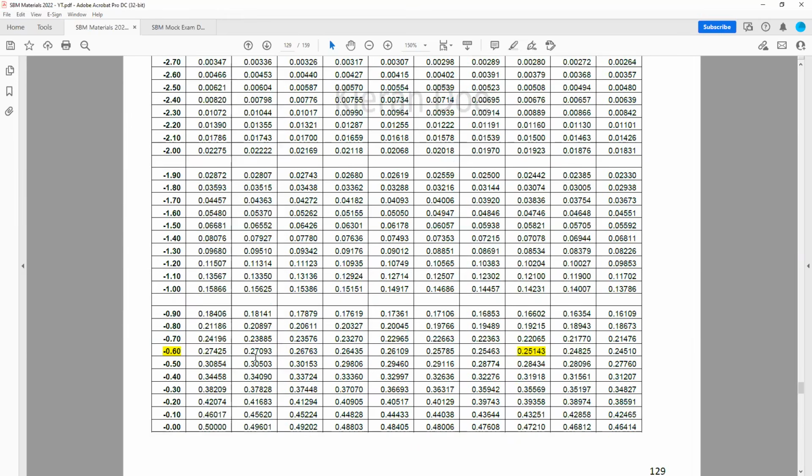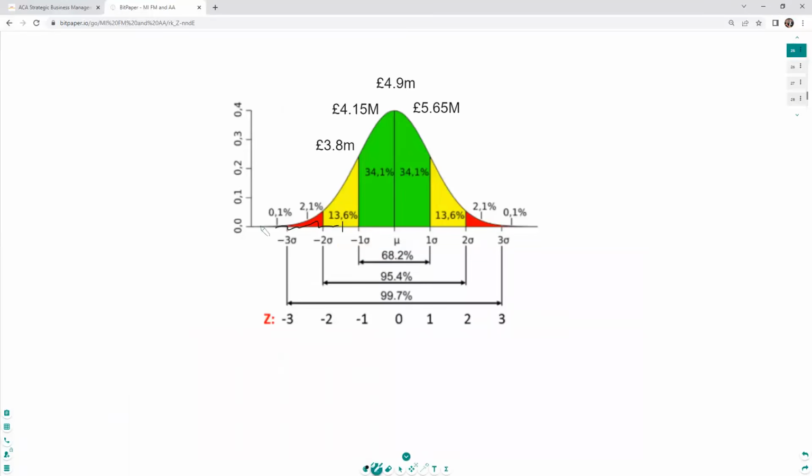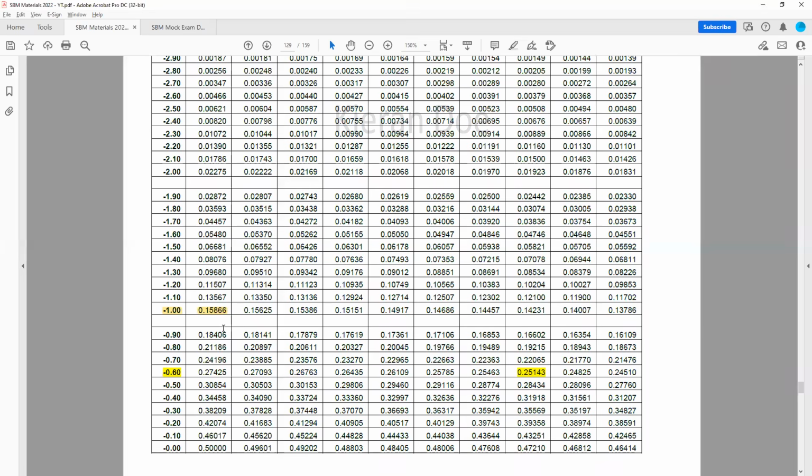So for example, if we were looking at a Z-score of 1 standard deviation away, you can see there's a 16% chance there. So if you take the mean, and you're going to be less than a negative standard deviation away from the mean or lower, then your probability there is going to be around 16%, or more specifically, 15.8.